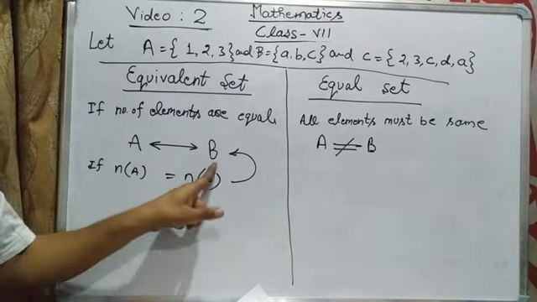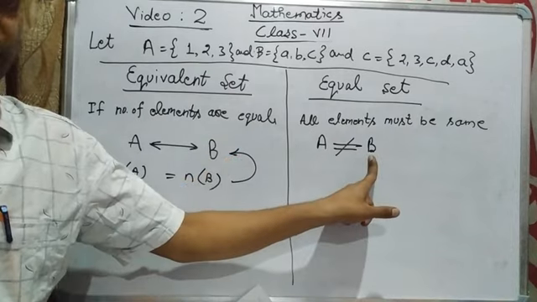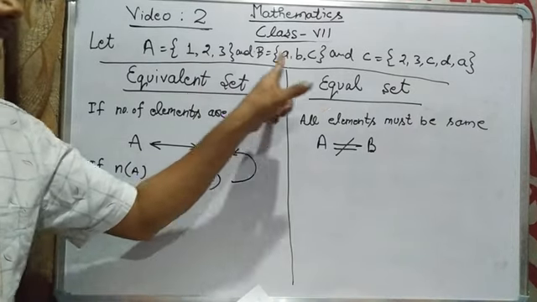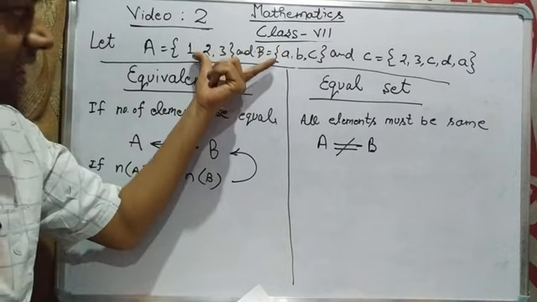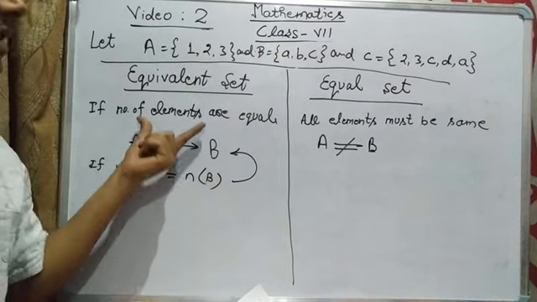A is equivalent to B, but sorry, A is not equal to B. 1, 2, 3 and A, B, C: these two sets are not equal, but they are equivalent.